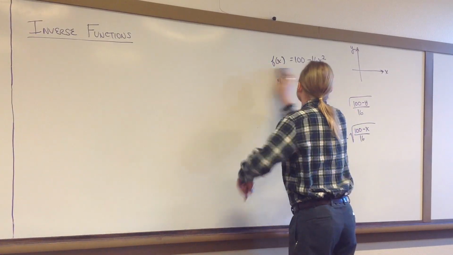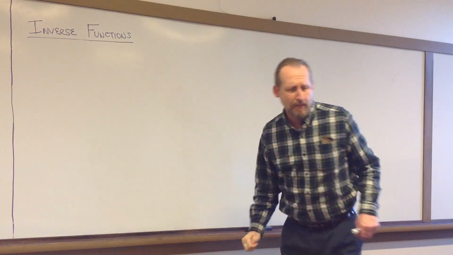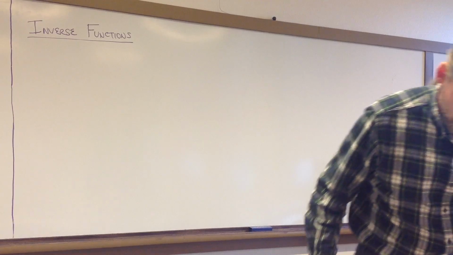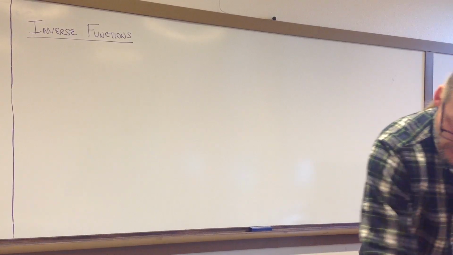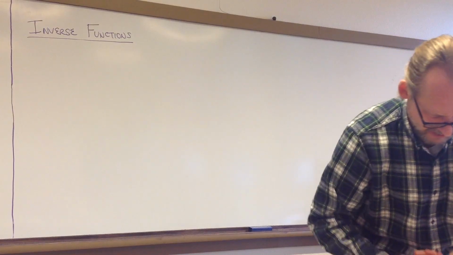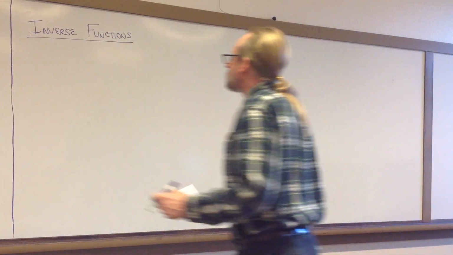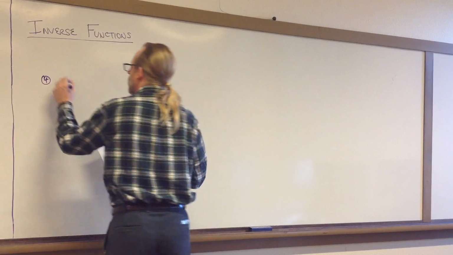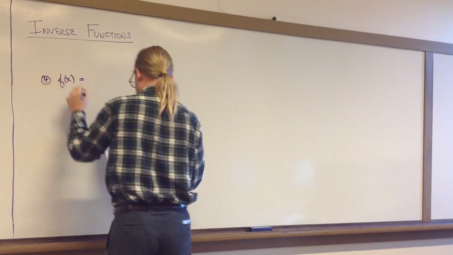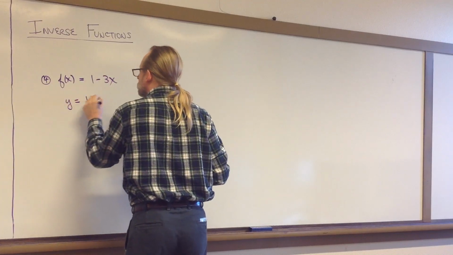Okay, let's look at some problems in the textbook here. Let's start with problem 4. So, f of x equals 1 minus 3x. So replace that with a y.